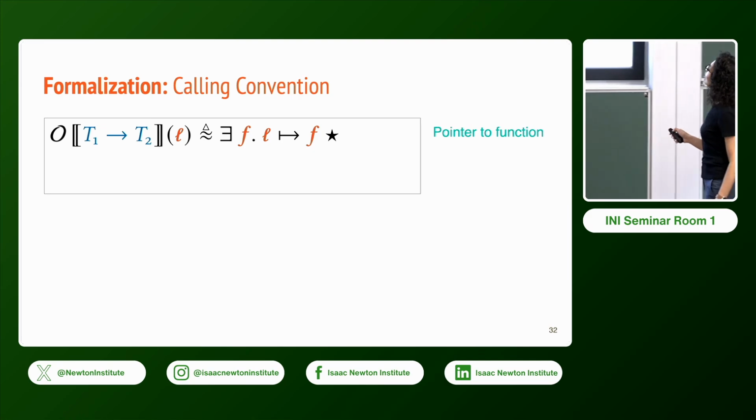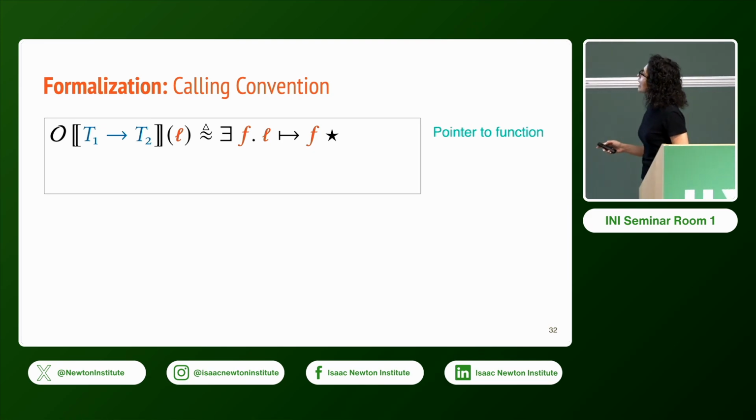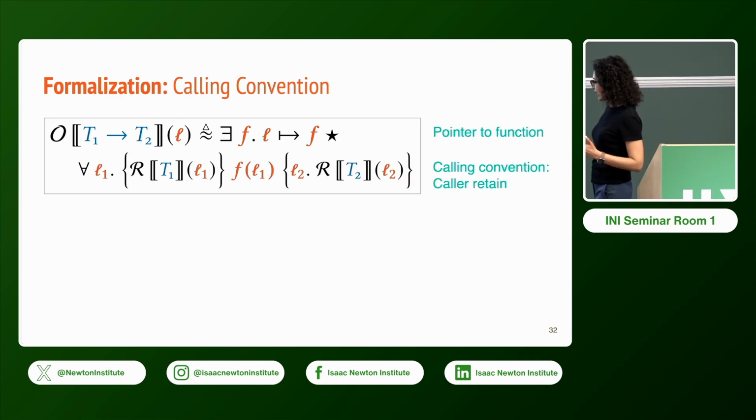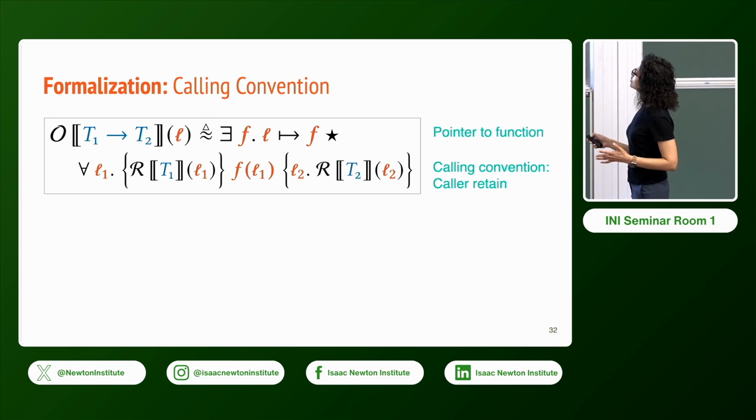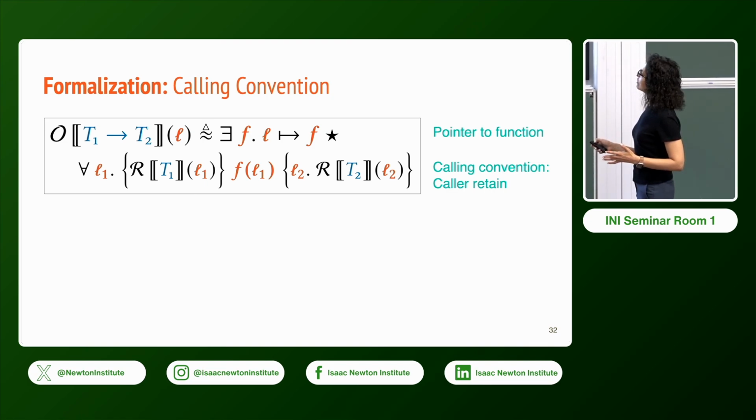Okay, so L points to a function f, and what do I need to say in terms of behavior for that? I need to say that if I apply f to some input L1 that is a reference to a T1, the argument type, then afterwards I will get back an L2, which is a reference to T2, the result type.